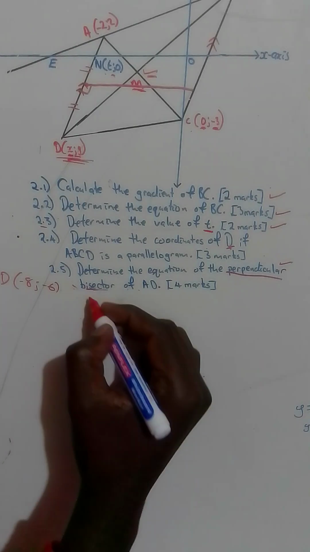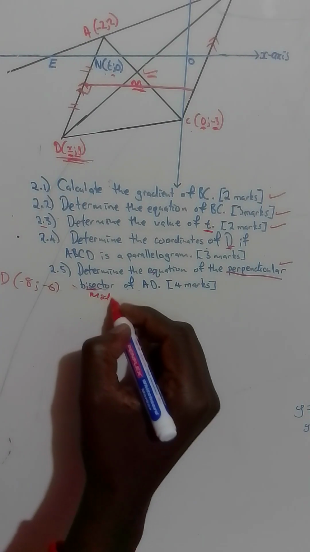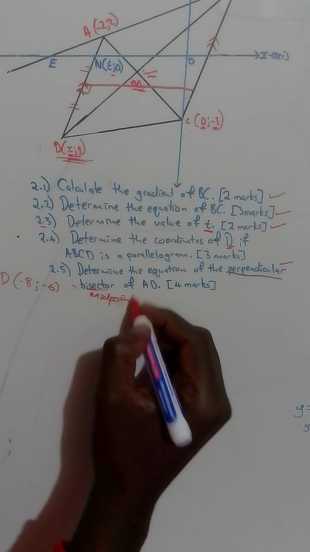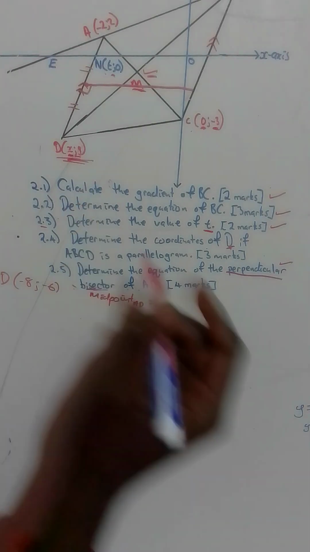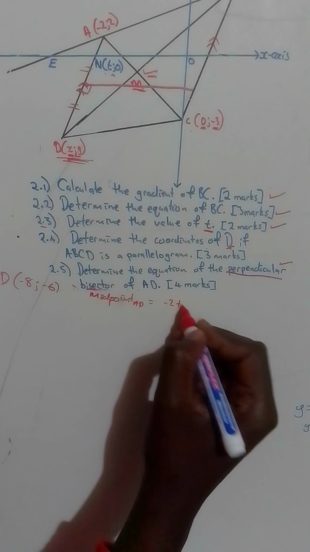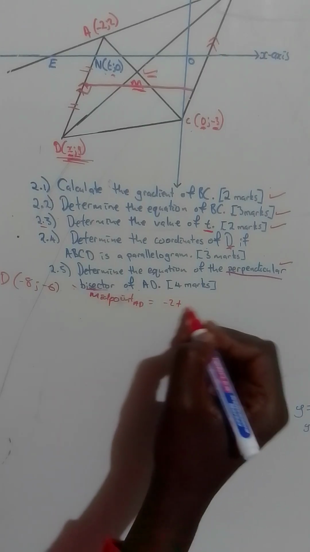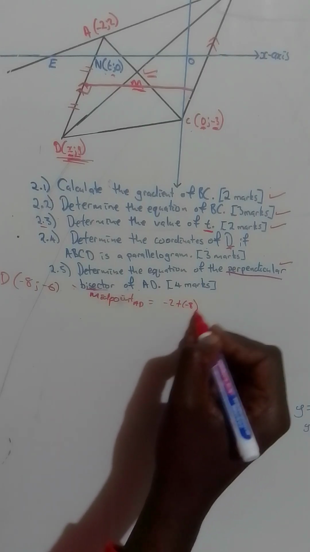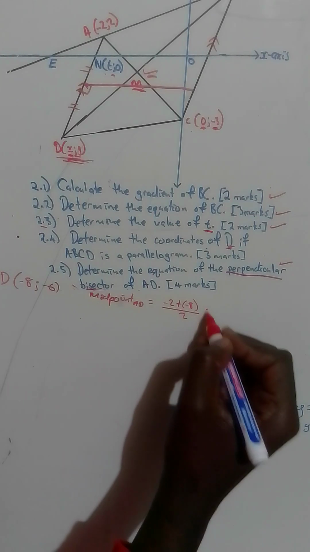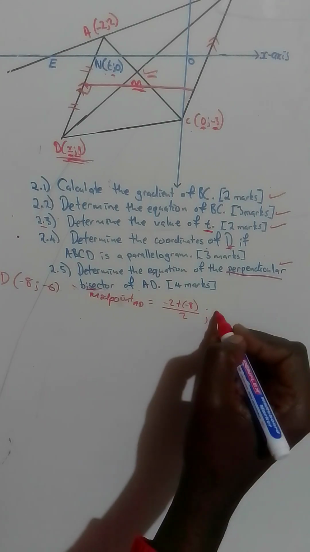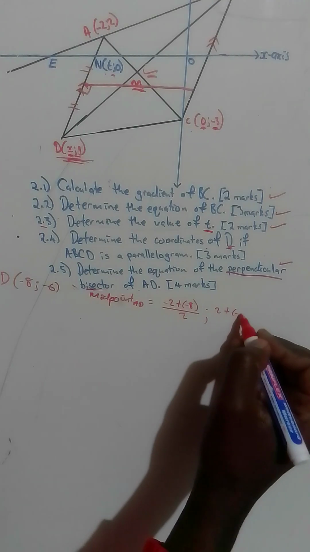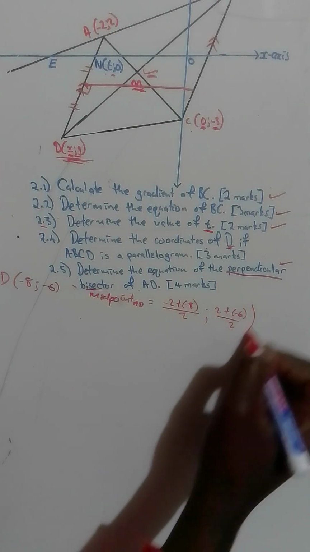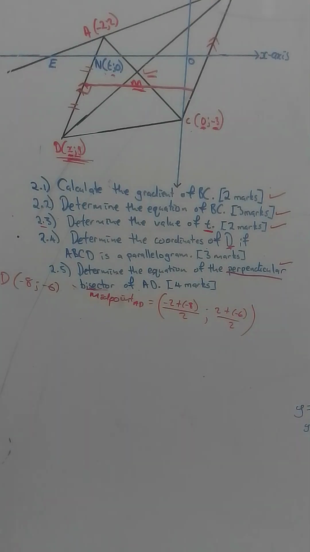So now we say the midpoint of line AD is equal to the x at point A, which is -2, plus the x at point D, which is -8, divided by 2. The y at point A is 2 plus the y at point D, which is -6, divided by 2. Right?